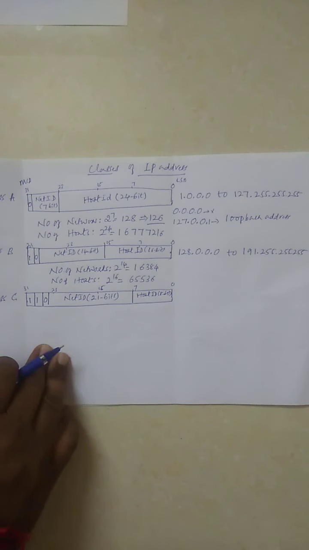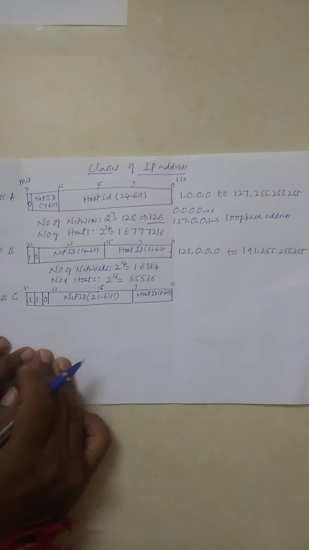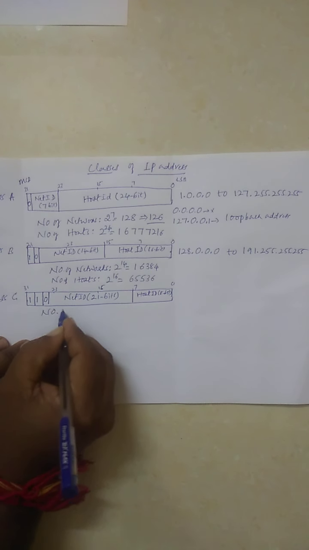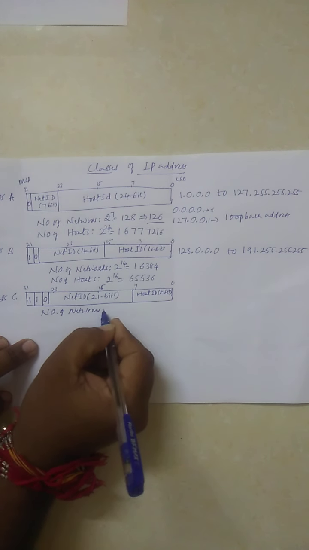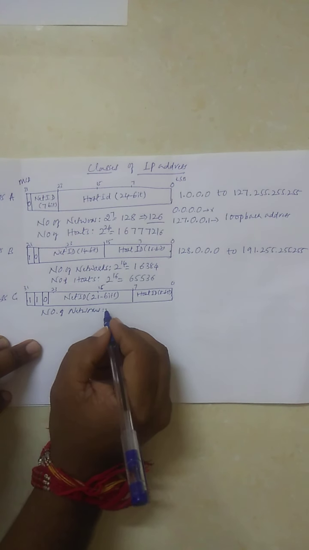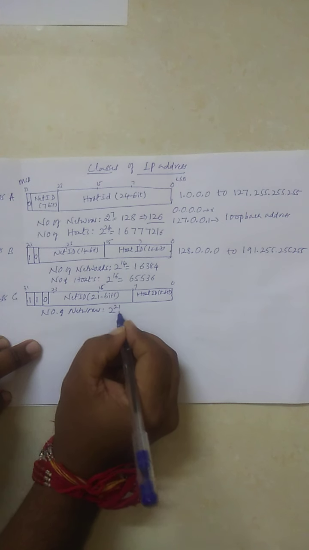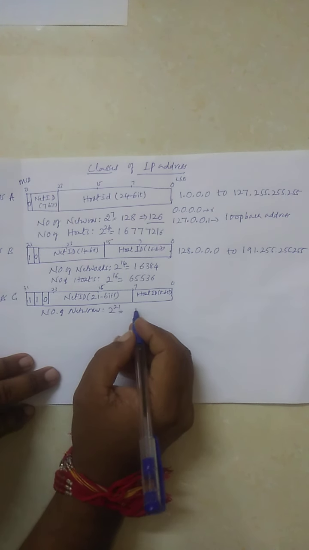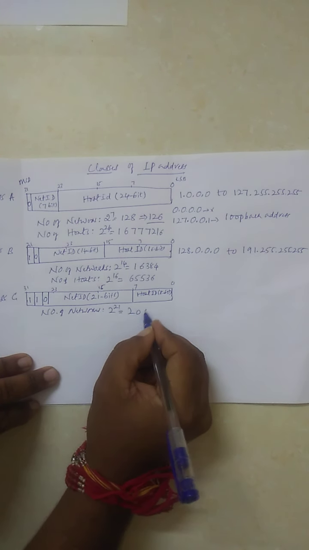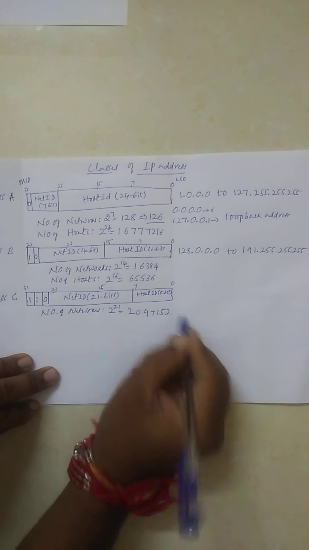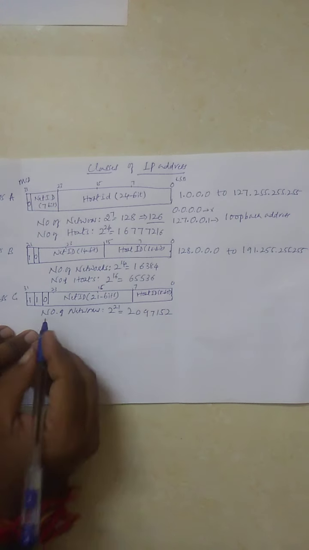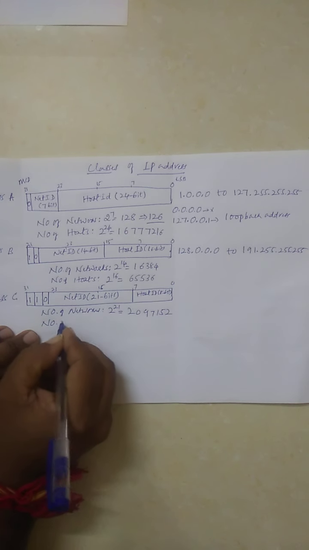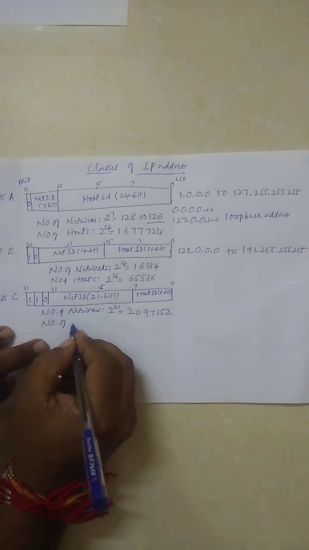So how many networks can Class C support? The number of networks in Class C is 2^21, that is nothing but 2097152. This many networks I can generate in your Class C. Then how many hosts can I have in an individual network?